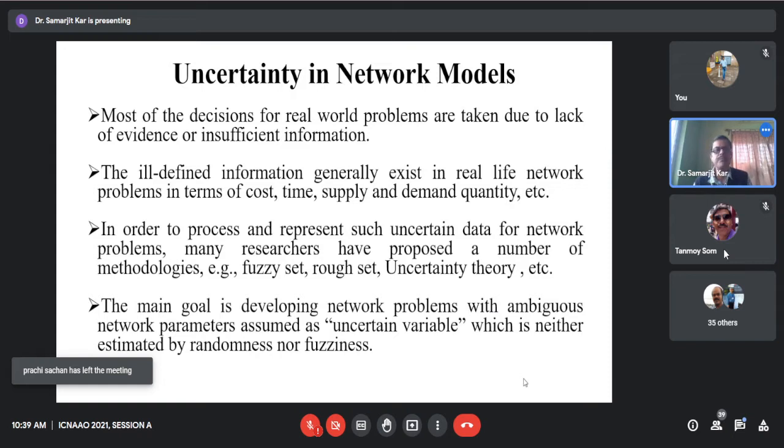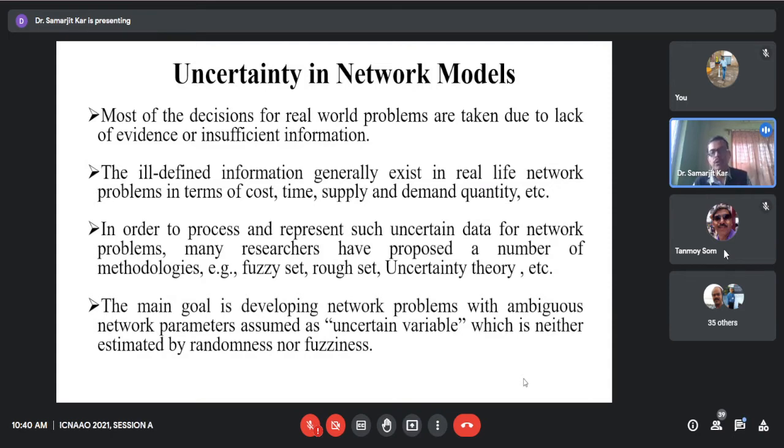To tackle this uncertainty in real-life network problems, people can use different uncertainty-based approaches, like fuzzy set theory, rough set theory, uncertainty theory, and also some hybrid approaches.